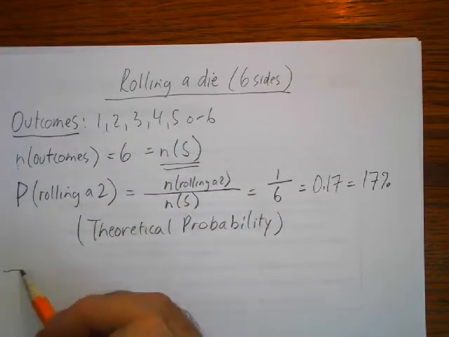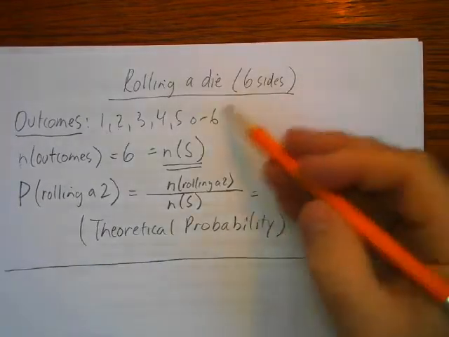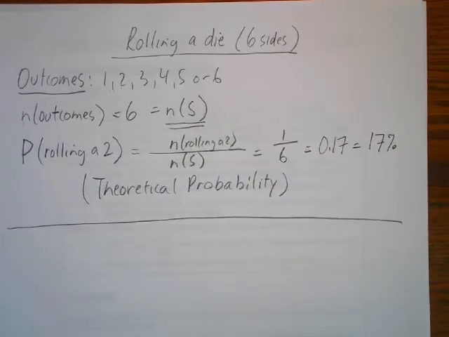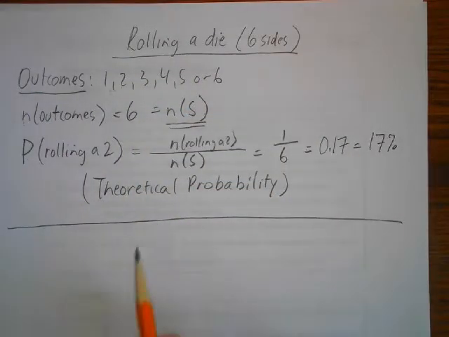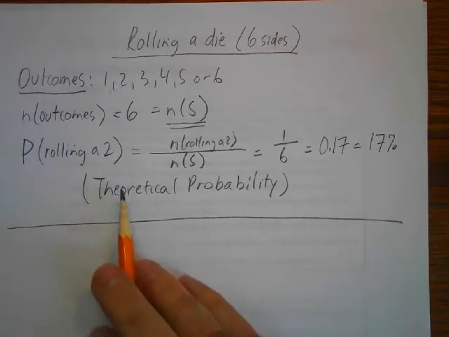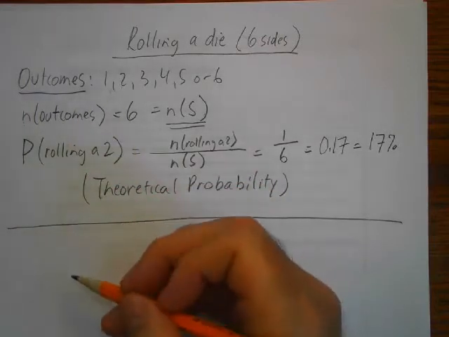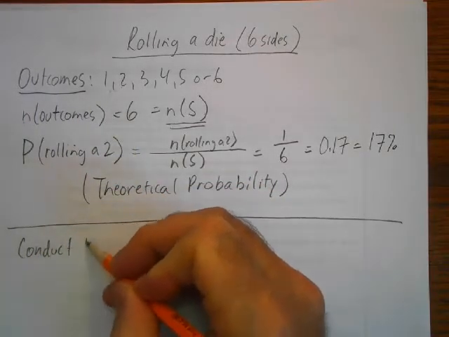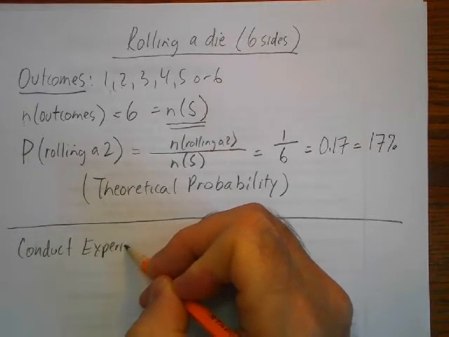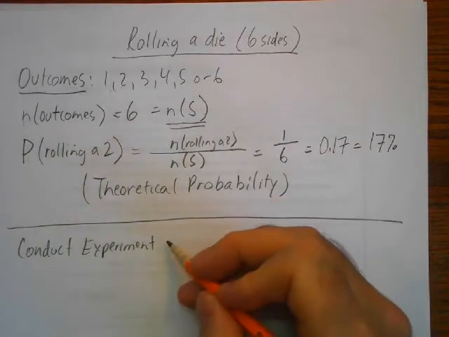So that's the theoretical, and I would say most of the probabilities we do, we'll be using theoretical, but there's also where you can do experimental. So experimental is when you basically conduct an experiment. Conduct experiment, and the experiment is rolling a die.